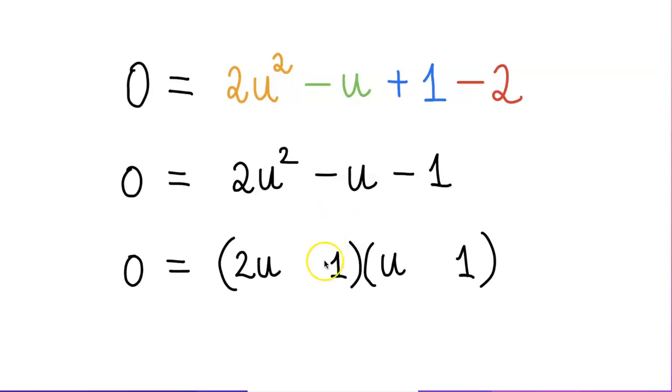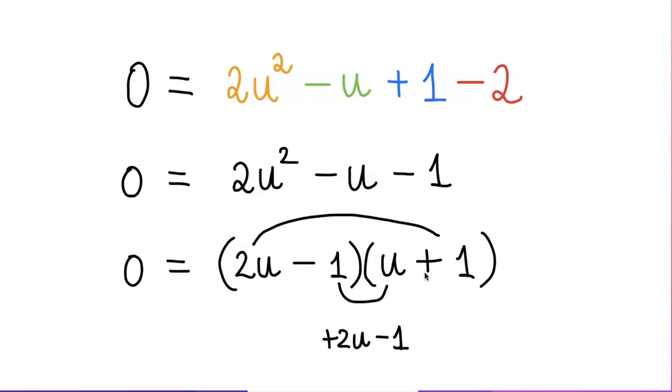But which one has to be negative? Let's think. I'm going to try and see if I can guess it. So if I do it this way, will that be correct? That will give me positive 2u, right? And this will give me negative 1u. If I add a bigger positive number with a smaller negative number, they will add up to positive 1u. That's not matching what's in the middle, so I got the sign wrong.